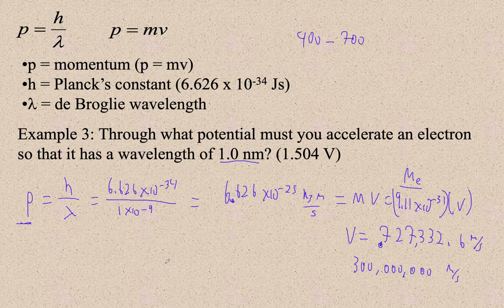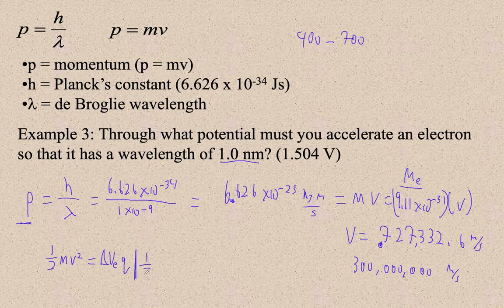Okay, so now we've got the velocity, and then what we can do is figure out the accelerating potential, right? So 1/2 mv squared, the kinetic energy, is equal to the change in voltage times the charge, right? And we can just fill in what we know here.